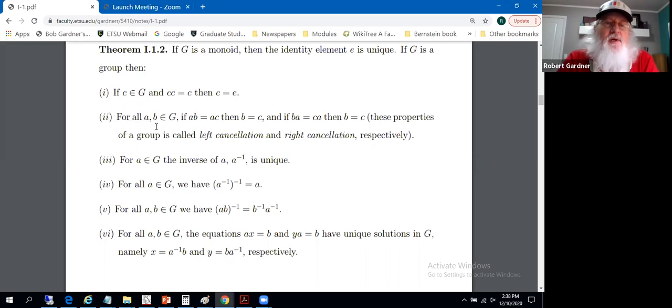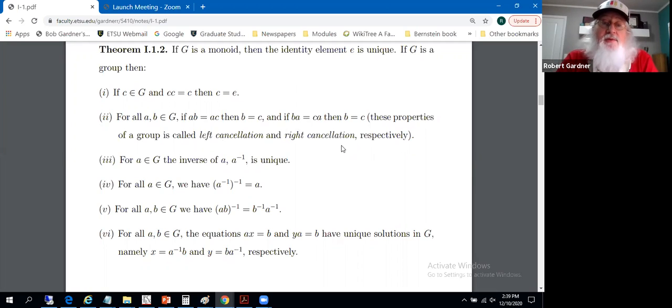Part 2 claims, for all A and B, if AB equals AC, A times B equals A times C, then B equals C. So we're effectively canceling the A's. They're both on the left. In fact, this property is called left cancellation. If B times A equals C times A, we can effectively cancel the A's since they're both on the right to conclude that B equals C. That's called right cancellation.